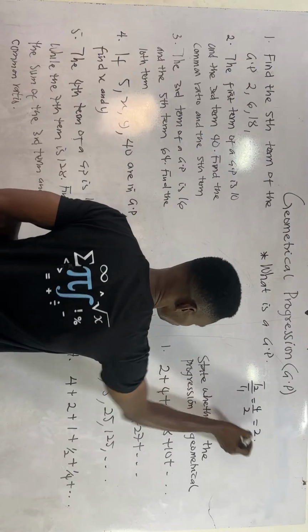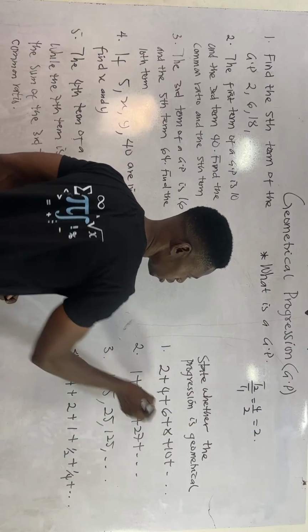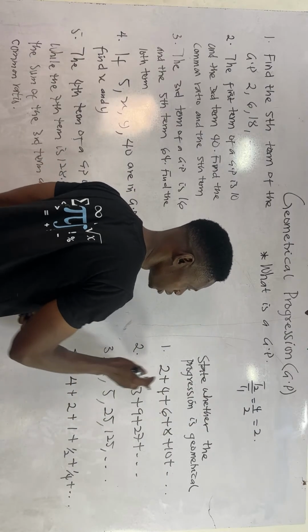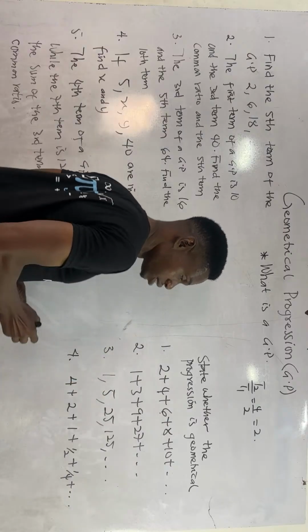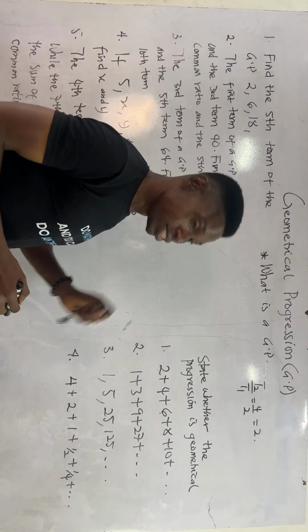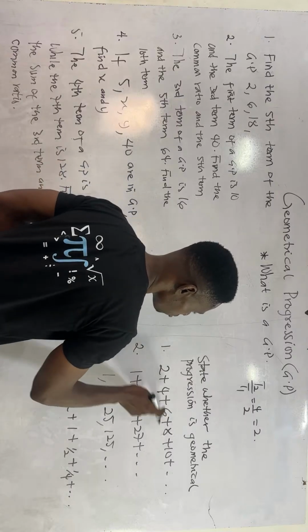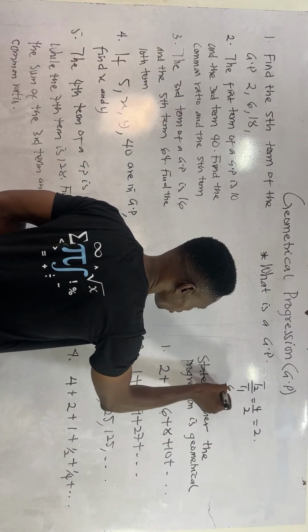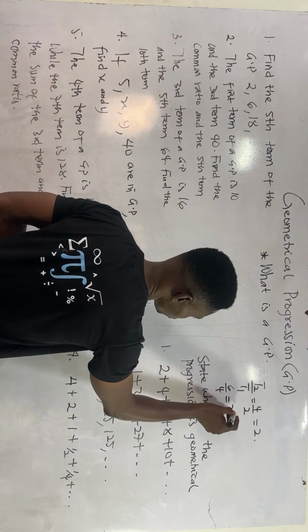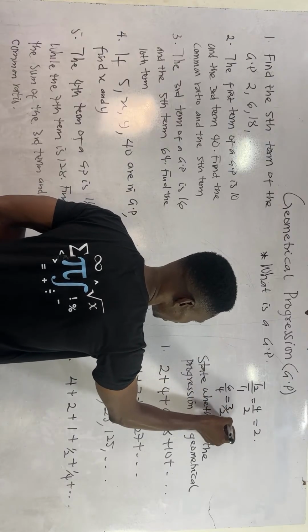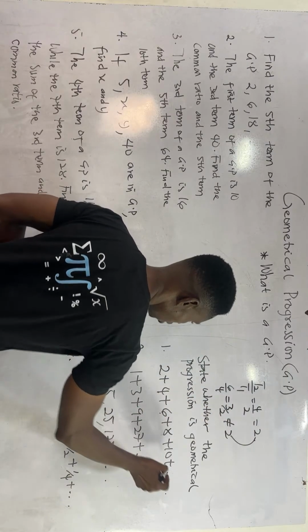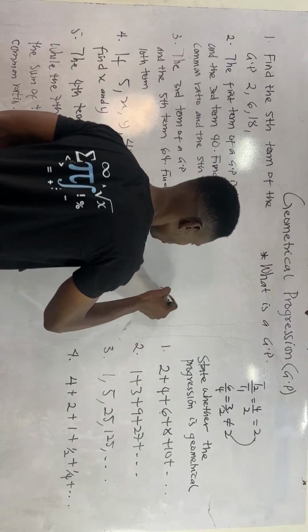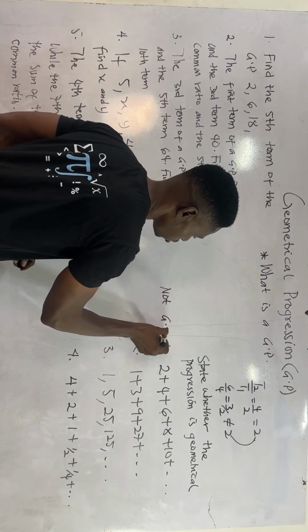The answer is 2, right? What about T3 over T2? Remember we said any two consecutive terms, the ratio is a constant. 6 divided by 4 is not 2. So 6 over 4 is not 2. That's 3 over 2. And it's not equal to 2. So number 1 is not GP.